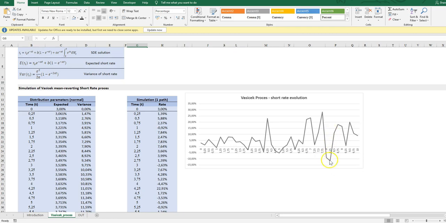So here is basically the biggest drawback of the model. Despite all its nice features in terms of implementation and intuition, it has this problem of potentially giving negative rates in the future.